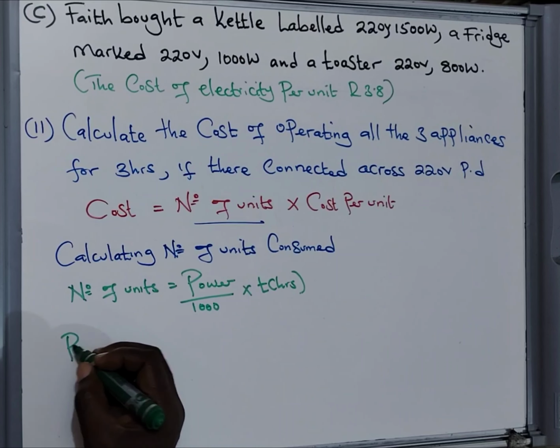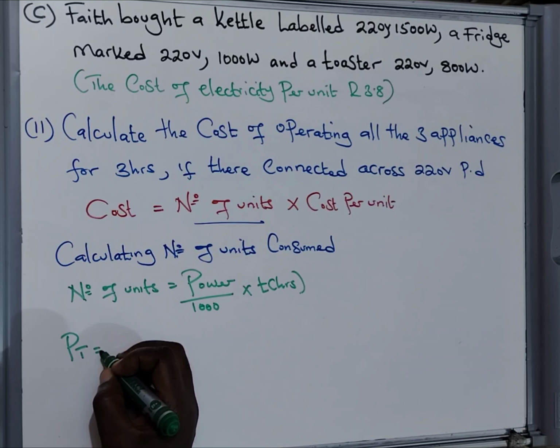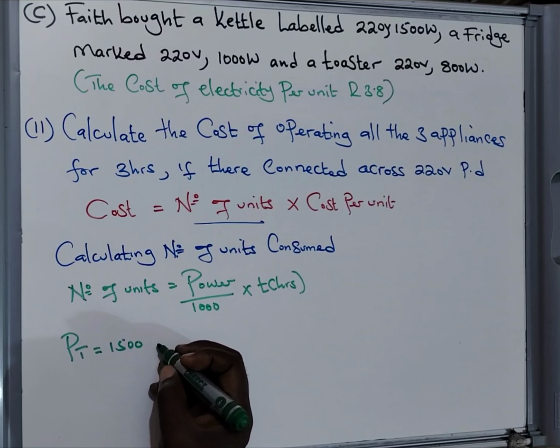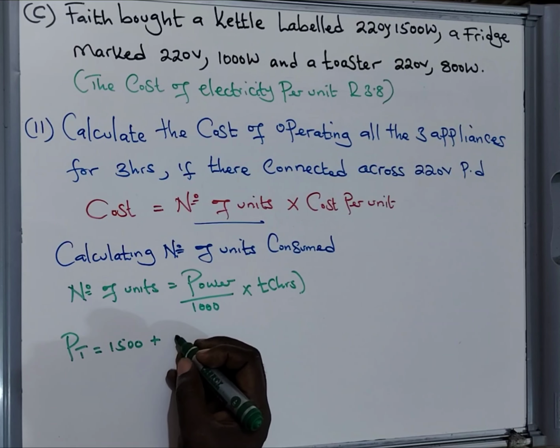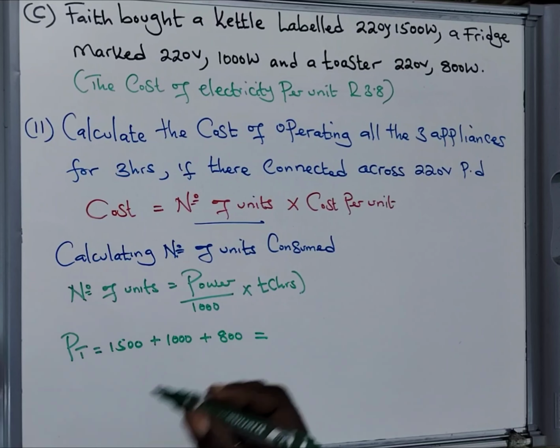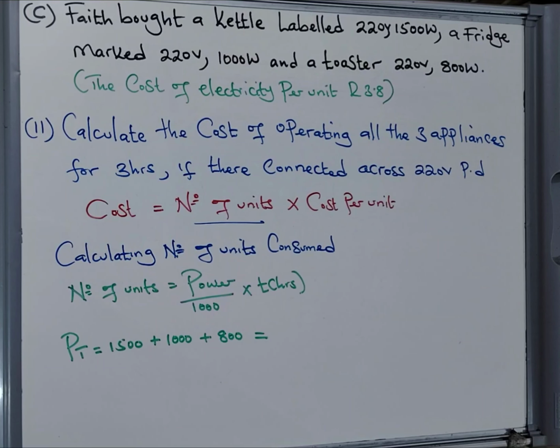So here we have power, so we need total power. So we are going to add 1500, we are going to add 1000, and we add 800 to get total power. So this is what we get: 3300 watts.